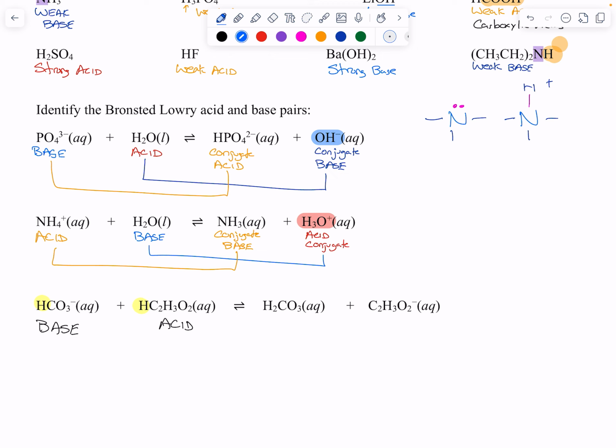Which means this is the conjugate base. That's a base, because it has no protons to donate, and that's your pair. And we got our conjugate acid. All right? And so knowing the compounds, knowing where the H's are coming and going from, that's a big deal.